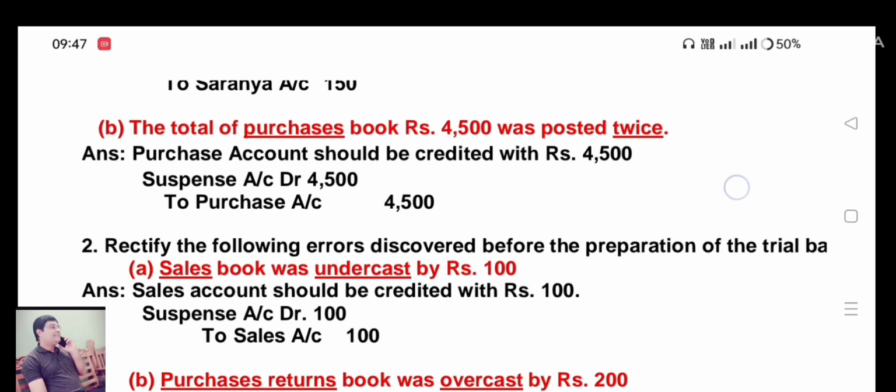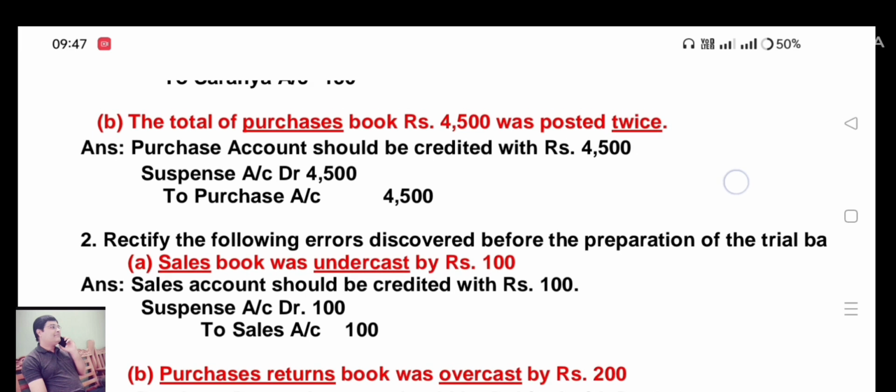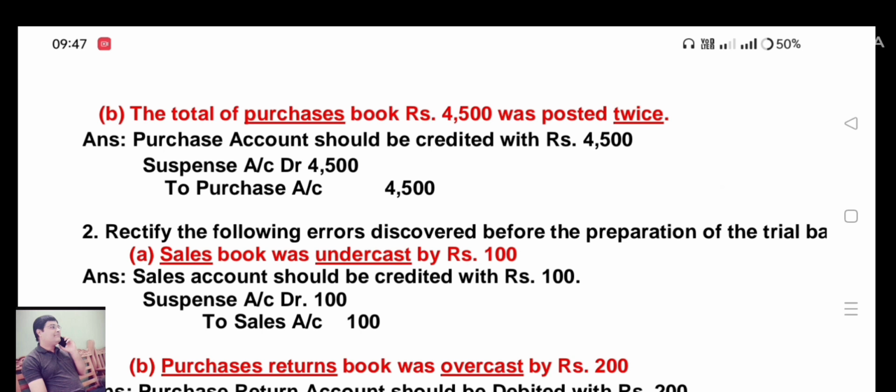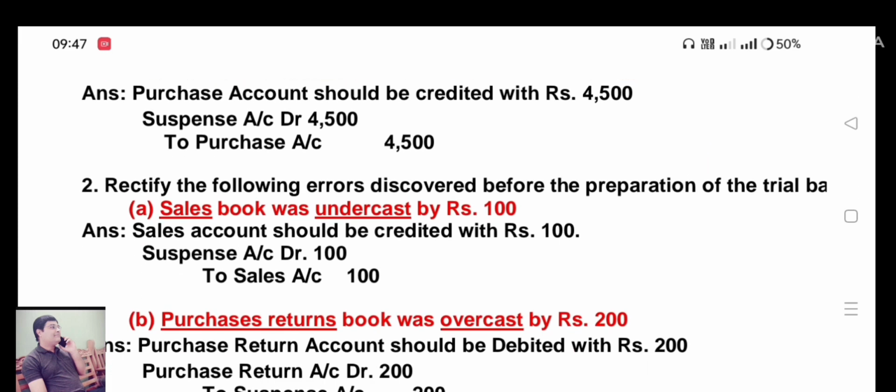Purchase book is a debit balance, opposite means credit. So you have to write purchase account should be credited with rupees 4,500. If you have to write the journal entry, you can write suspense account debit to purchase account. Now move on to question number 2.